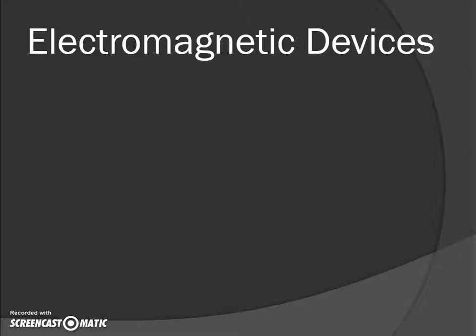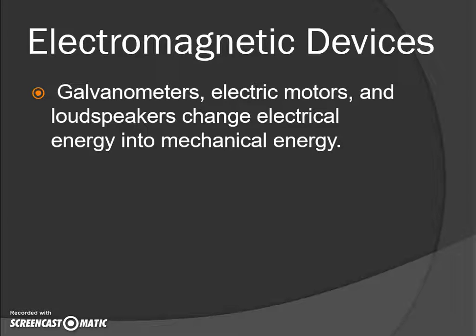An electromagnetic device can be something like a galvanometer, an electric motor, a loudspeaker, anything that changes electrical energy into magnetic energy. So an electromagnet is a solenoid. And when I say solenoid, I want you to think of a wire that carries current that's wrapped around a magnet. Okay, so a wire that's carrying current that's wrapped around a magnet.